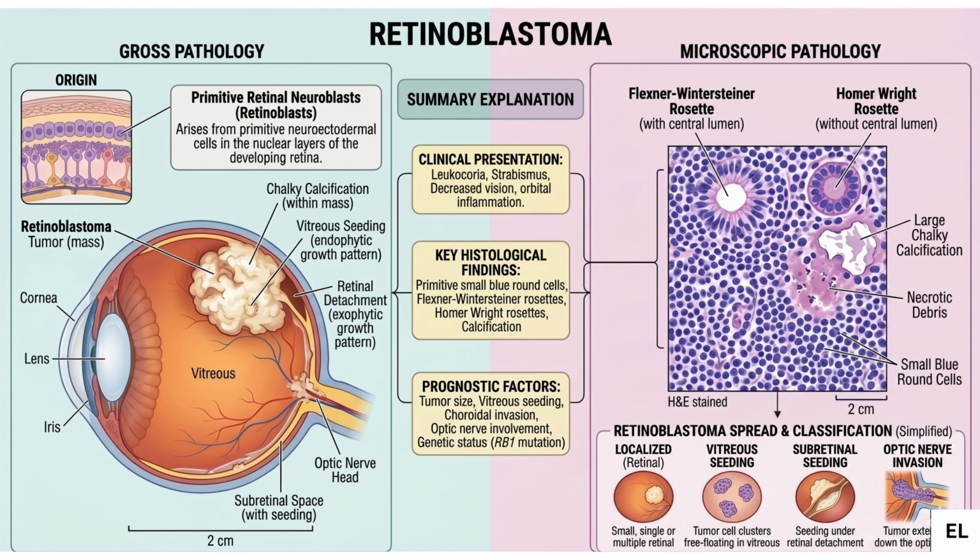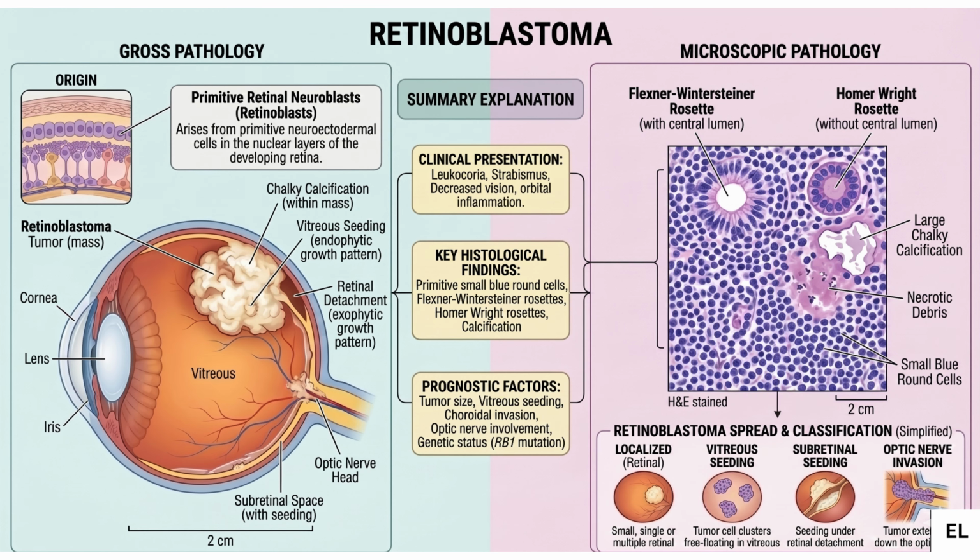To summarize, retinoblastoma is the most common malignant intraocular tumor of childhood, arising from primitive retinal neuroblasts due to RB1 gene mutations. Clinically, it presents with leukocoria, strabismus, and decreased vision. Grossly, it appears as a chalky white retinal mass with calcification, vitreous seeding, and possible retinal detachment.